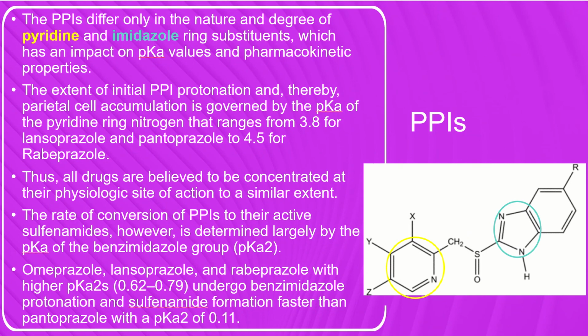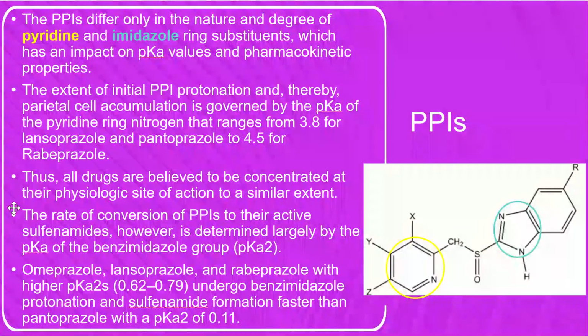So the extent of the initial PPI protonation and thereby parietal cell accumulation is governed by the pKa of the pyridine ring nitrogen that ranges from 3.8 for lansoprazole and pantoprazole to 4.5 for rabeprazole. Thus, all drugs are believed to be concentrated at their physiologic site of action to a similar extent.